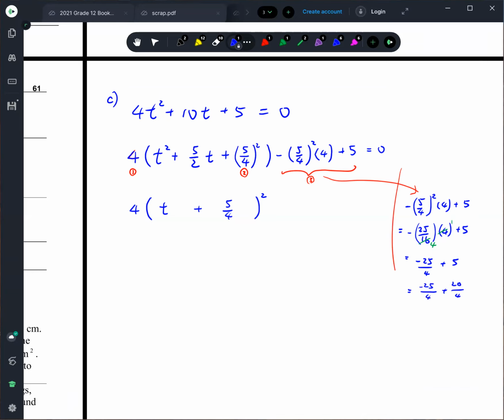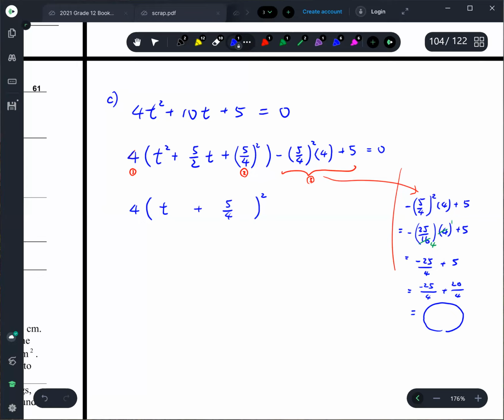Any questions so far? Okay. If you are doing everything by hand, for the balancing part, this is the step that you follow. So your final number, negative 25 over 4 plus 20 over 4. Jenny, what does that become? What's the answer after you add those two fractions?